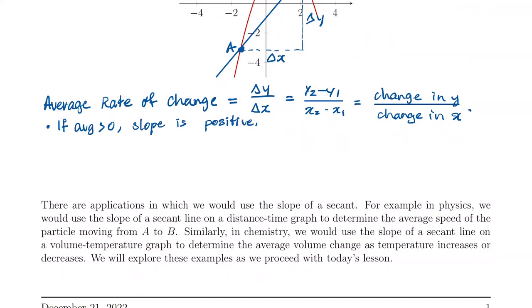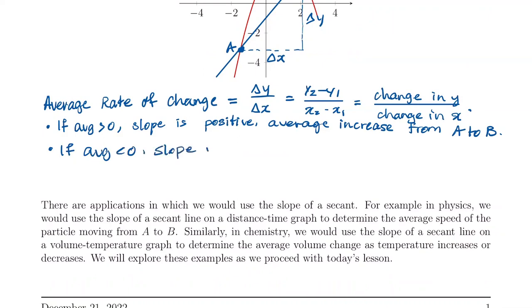Then this implies that there's going to be an average increase from A to B. Similarly, if the average is less than 0, that means the slope is negative, which means there's an average decrease instead.